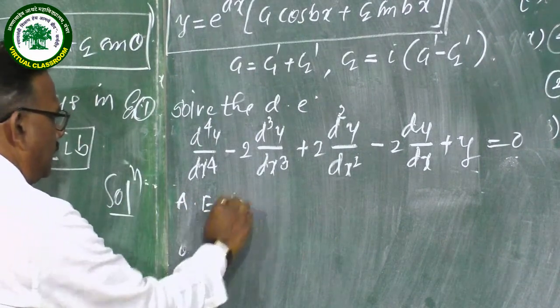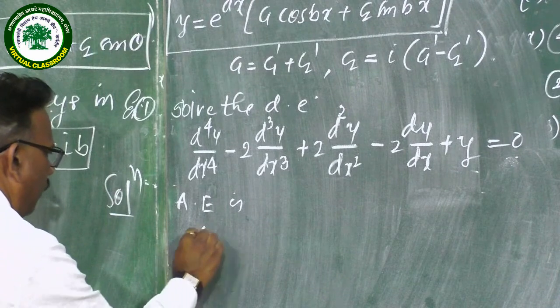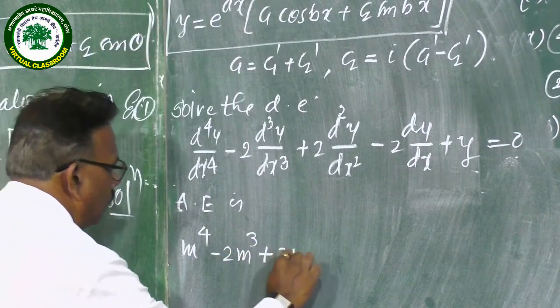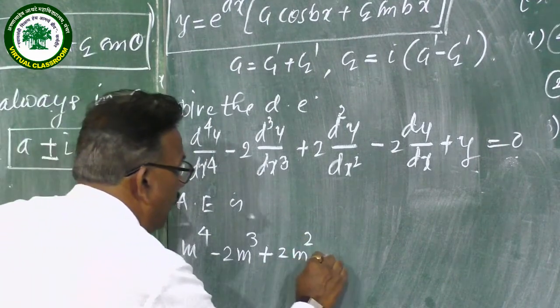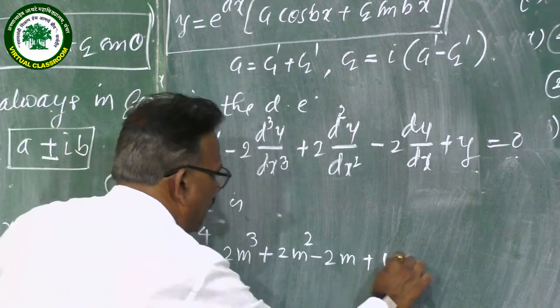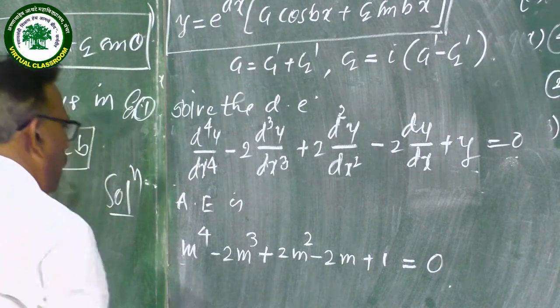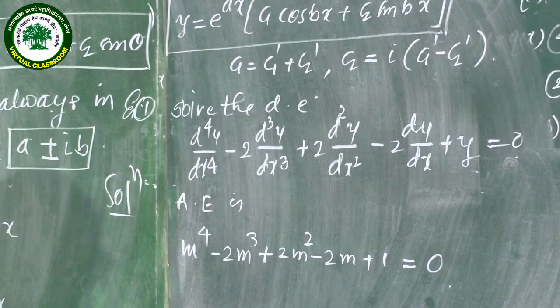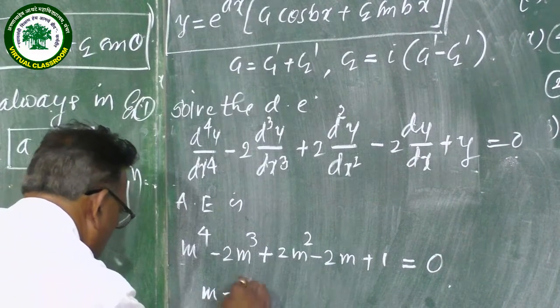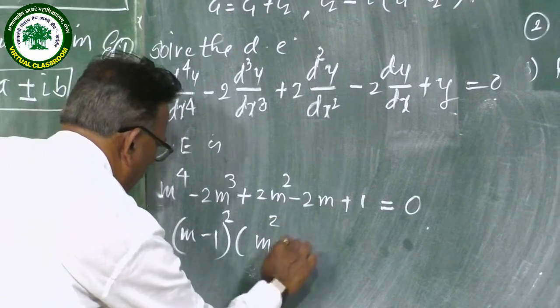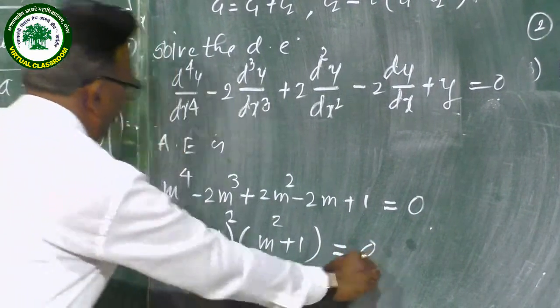The auxiliary equation is m⁴ − 2m³ + 2m² − 2m + 1 = 0. The factorization of this auxiliary equation is (m − 1)²(m² + 1) = 0.